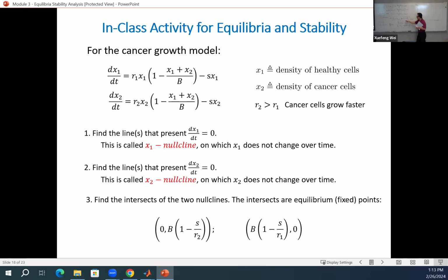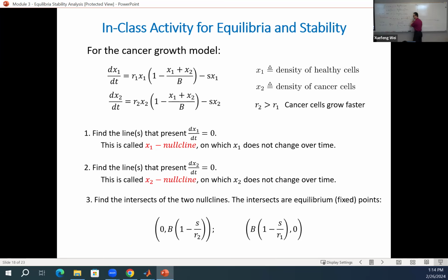So x1 plus x2 equals something. What does the line look like? What's the slope? If you plot x1 and x2 against each other, what's the slope? Somebody tell me.